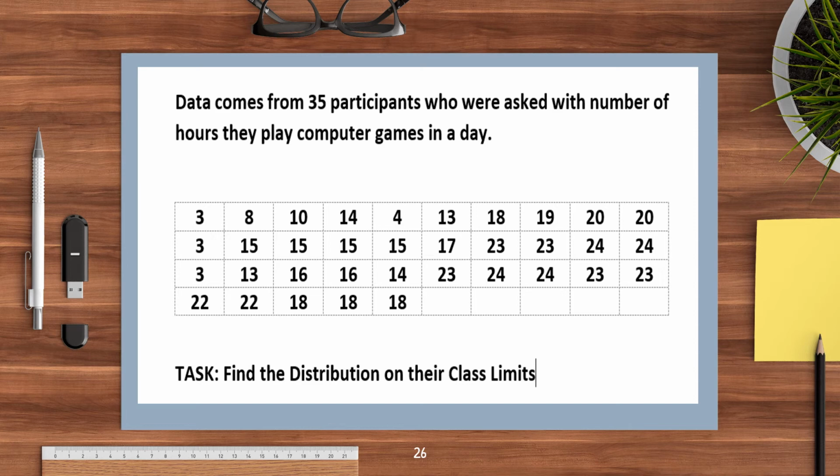So, it means that among the 35 participants, we asked them how long, or how many hours, they spend playing computer games. So we have computer games there, maybe ML, COD, and so on. So, here is the data that we gathered. Some say that they play regularly 3 hours, and others play 24 hours a day.